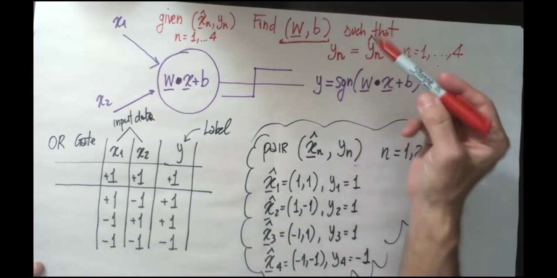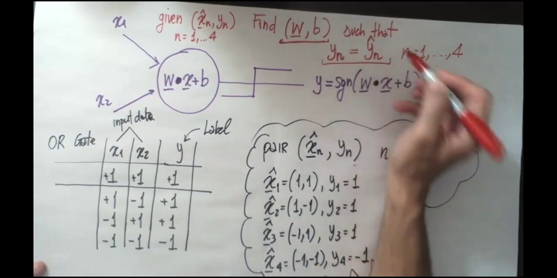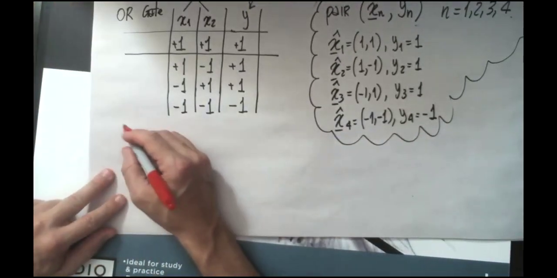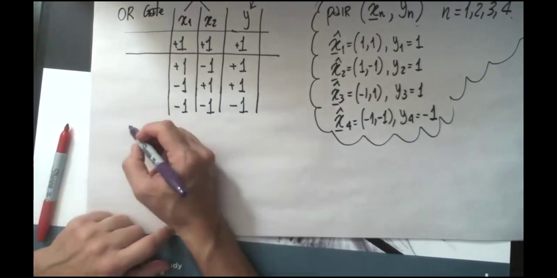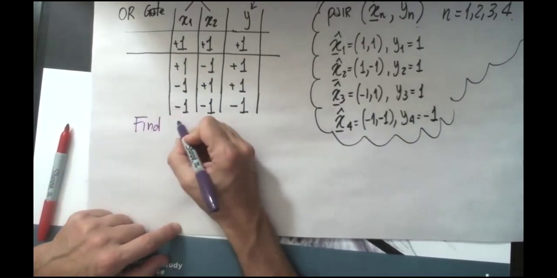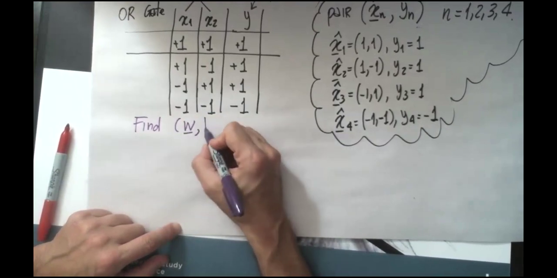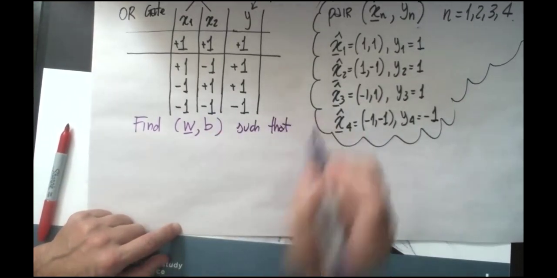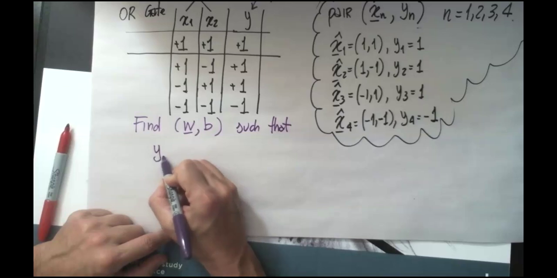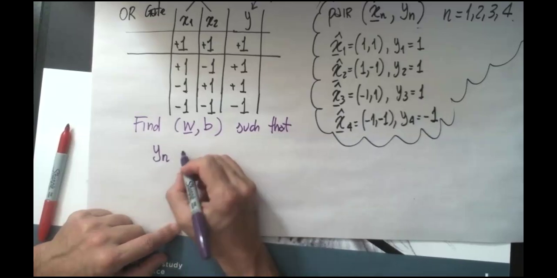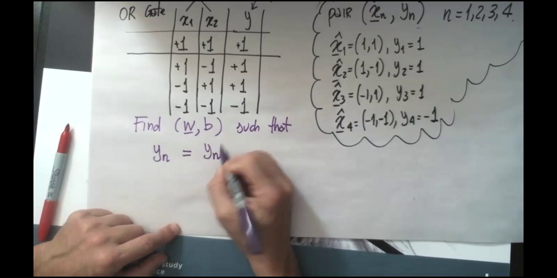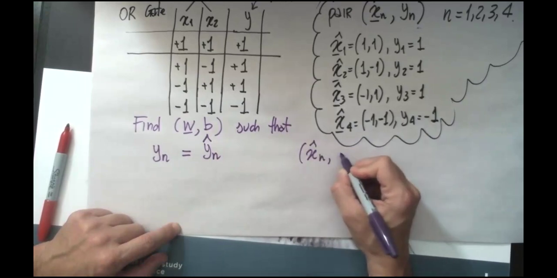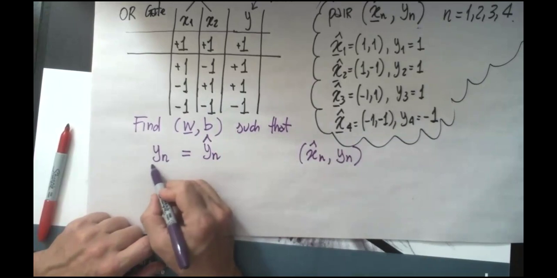And of course, what does this equation here mean? If we do it more properly, we want to say find w comma b such that yn equal to the label. Remember, these are the data points that we have. But what is the output here?